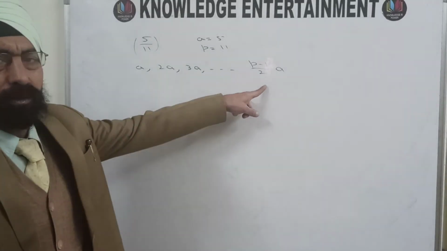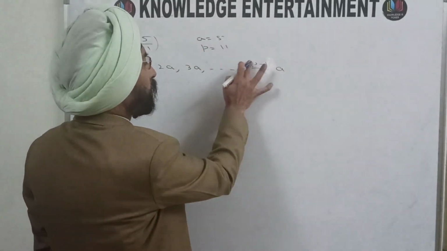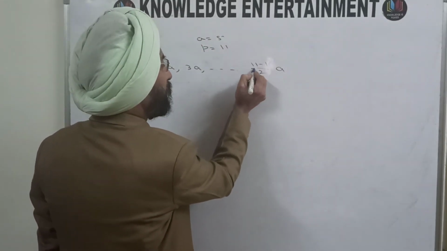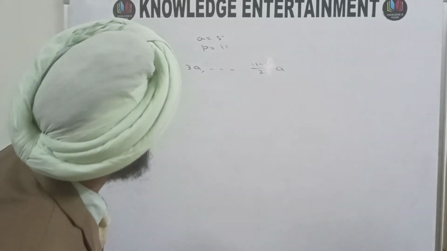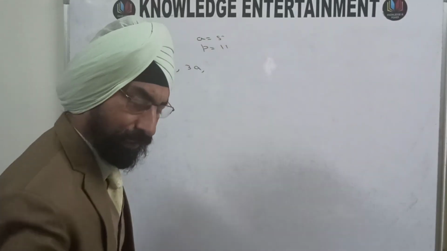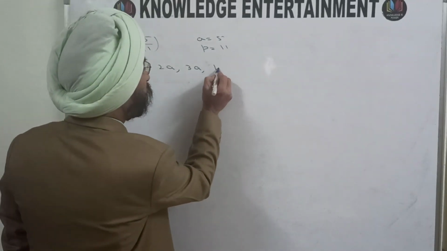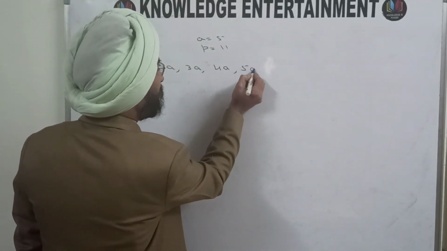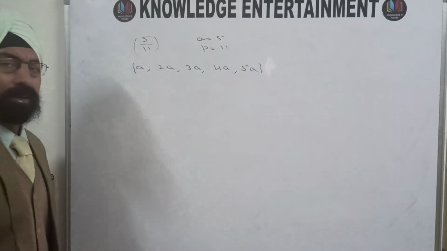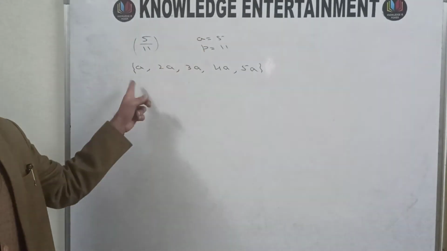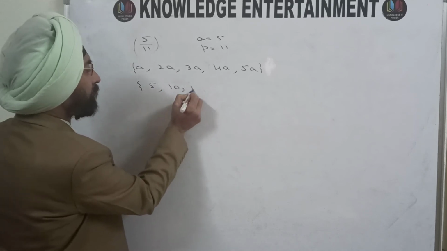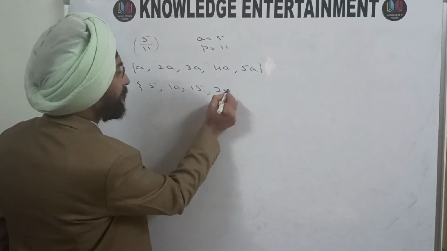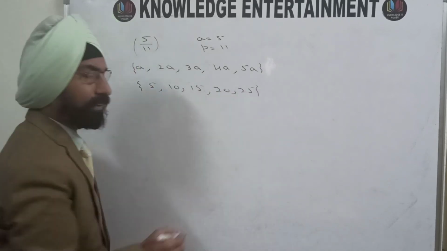What is (p-1)/2? P is 11, so it is (11-1)/2, which means 5. So this set will contain a, 2a, 3a, 4a and 5a. And what is your a? A is 5. So what will the set become? 5, 10, 15, 20 and 25.